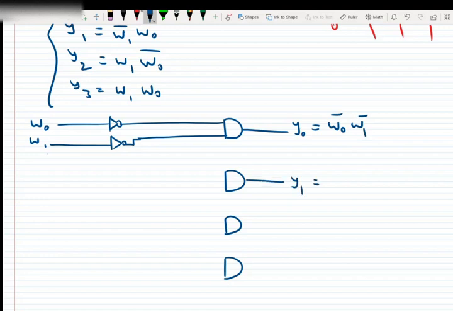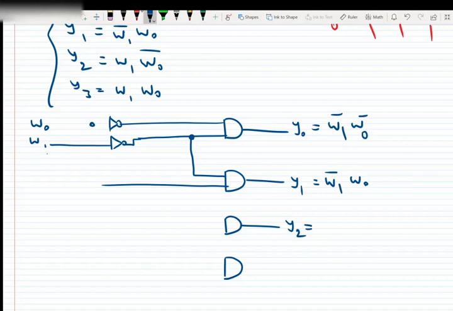Y1 is W1 bar, W0, so W1 bar is coming from here, and W0 can be provided from this side of the connection. Y2 is equal to W1, W0 bar, W1, W0.